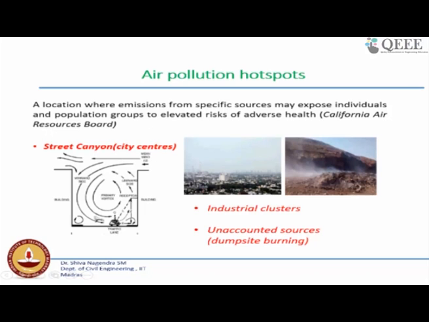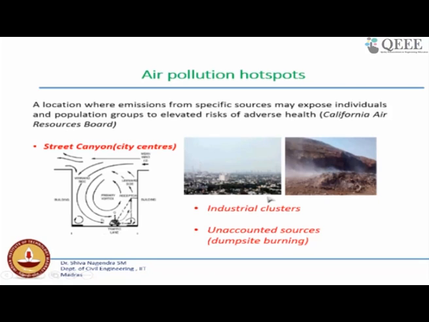For example, a street canyon on a busy traffic road, with tall buildings on both sides: all the pollutants released by the movement of vehicles will be trapped, and people residing in this area will be exposed to higher pollutant concentrations. For example, people who have residential apartments very close to the roads will have significant air pollution issues.